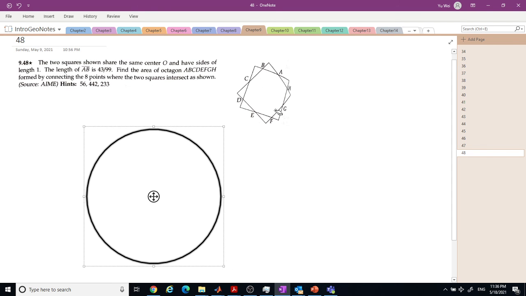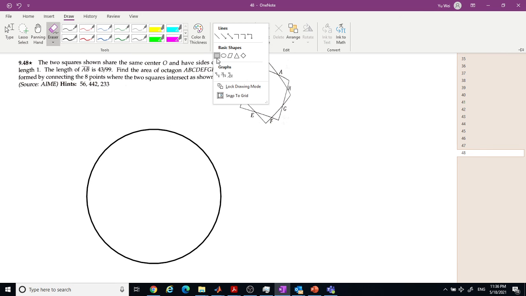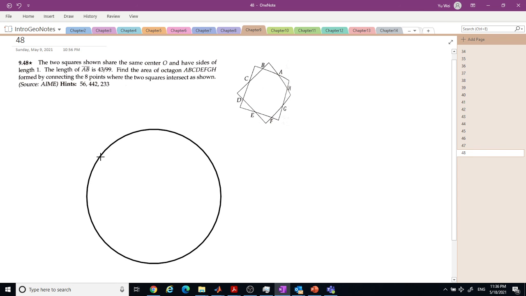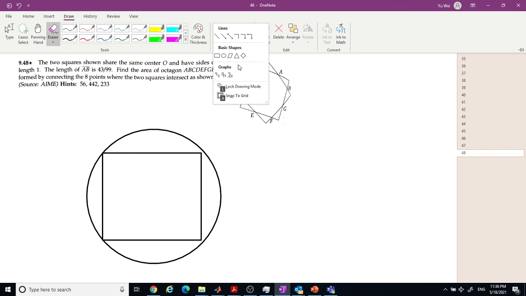Let's also draw a square. Now let's draw another one.